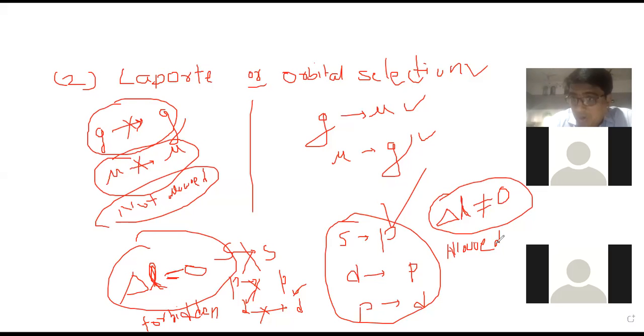Or, a transition taking place between the same spin states is allowed, whereas a transition between states of different spin is not allowed. For example, singlet to singlet, doublet to doublet, triplet to triplet is an allowed transition, whereas singlet to doublet, doublet to triplet, where there is a change in spin multiplicity, is not allowed.